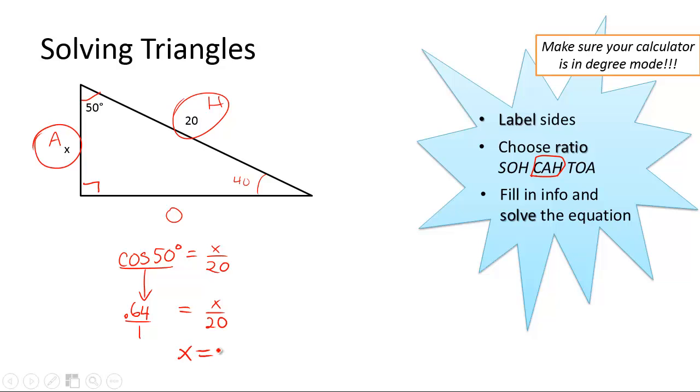So x is the same as cos 50 times 20. Because I like to maintain accuracy, I just put it into my calculator as 20 times cos 50, which is approximately 12.86.